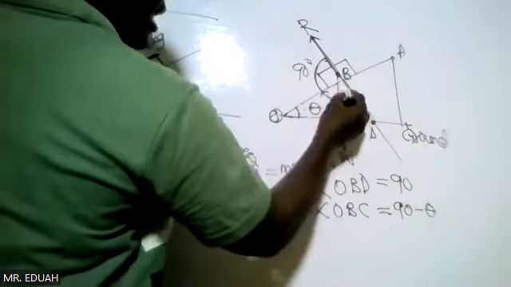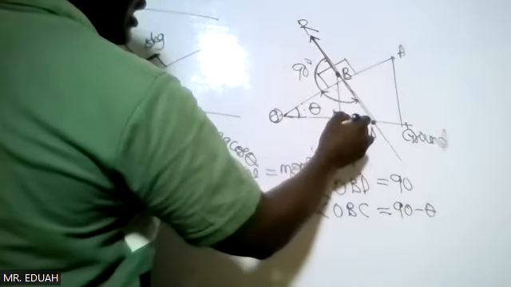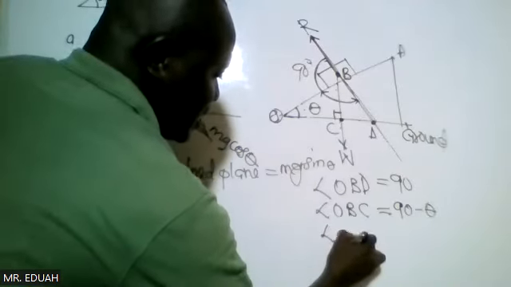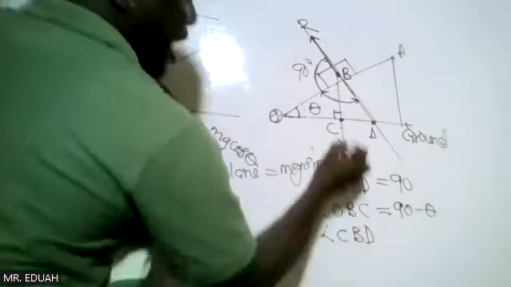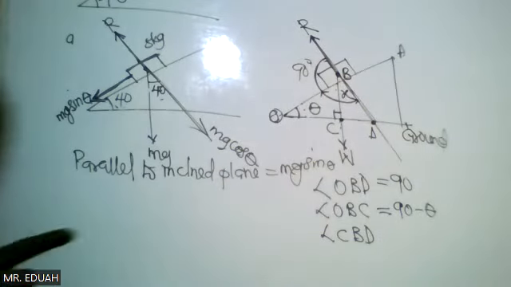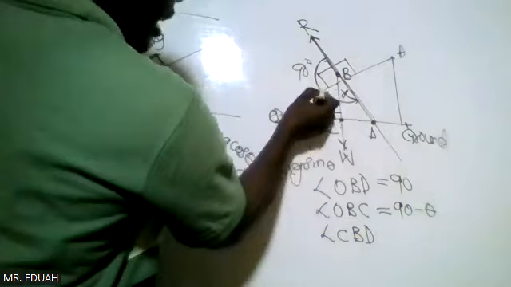Now we are interested in angle CBD. Assuming this is X. We just saw that this whole angle will be 90.